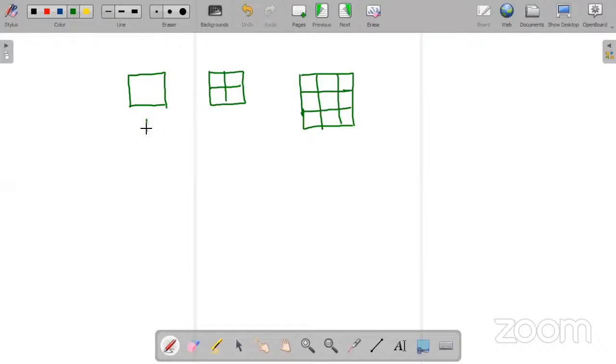Here the number of rows is 2 and the number of columns is 2. So first we write 2 columns, 2 rows, 2 into 2. Reduce 1 and reduce 1. This will be 2 square, and this will be 1 square. 2 square is 4, 1 square is 1. So 4 plus 1 is equal to 5.